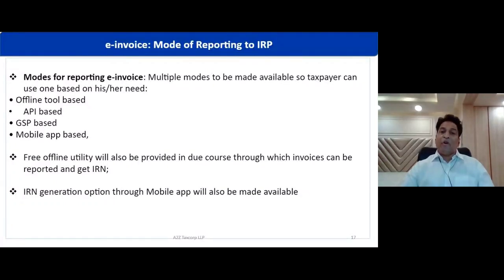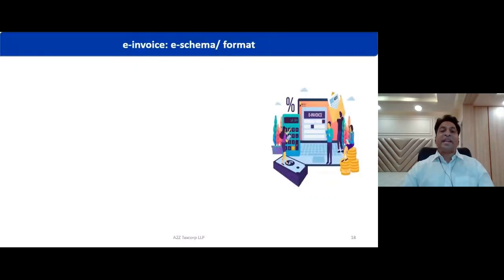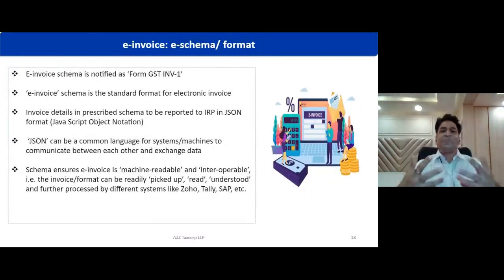Now, e-invoice, and we are all talking about the e-schema. What is this e-schema and format we are referring to? In one line, the e-schema is nothing but a standardized form, form GST INV-01, which contains specified particulars, unified for all of us, all registered persons coming from different segments and sectors.